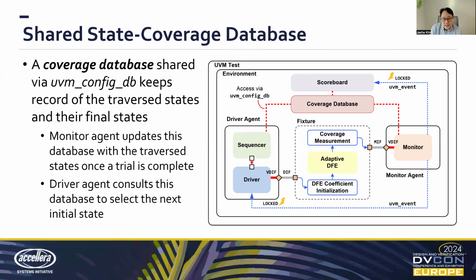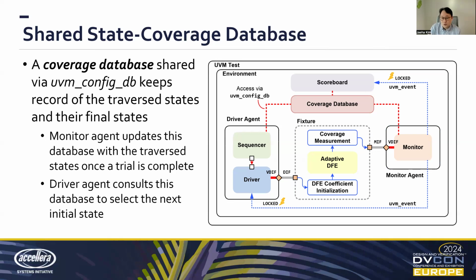Note that the driver agent needs to pick an initial state that has not been explored before. So we need to know what states have been explored in the past. But that information is possessed by the monitor, because that's the one collecting the traversal of the states. So we need a way to pass the information from the monitor back to the driver agent.